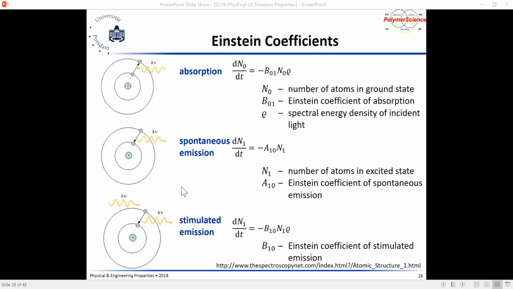Similarly, we can describe the probability of events happening for spontaneous emission or stimulated emission through Einstein's equations, and then from there write the equation for the change in the number density of atoms in each state.